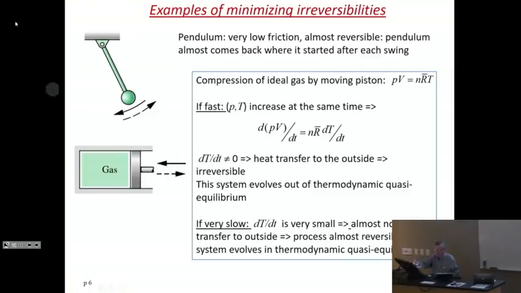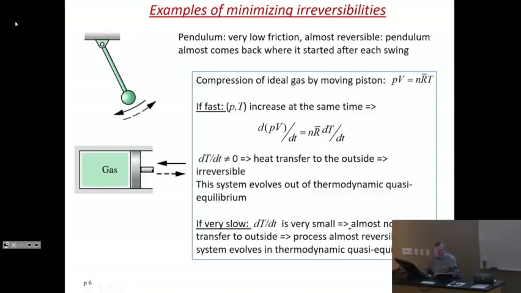It swings and it swings back and it comes almost to the same point where it was to begin with. So the potential energy that you had in it at the initial state is almost entirely recovered. The internal energy of the system, therefore, between the initial state and the final state, back and forth, is the same. That is an almost reversible cycle.